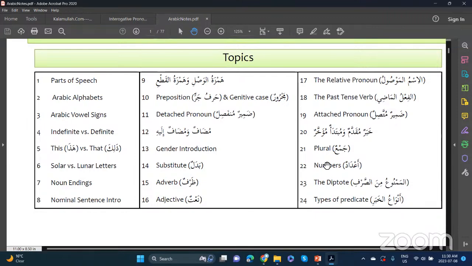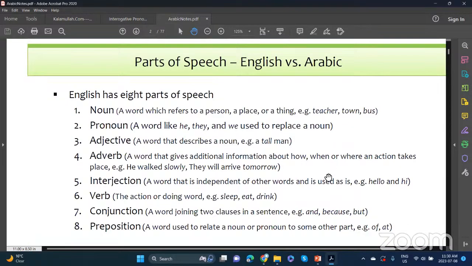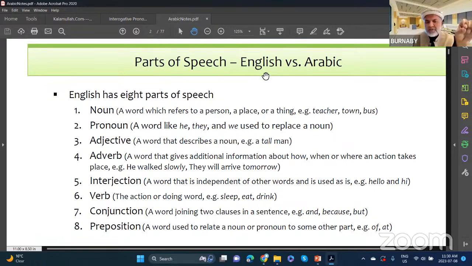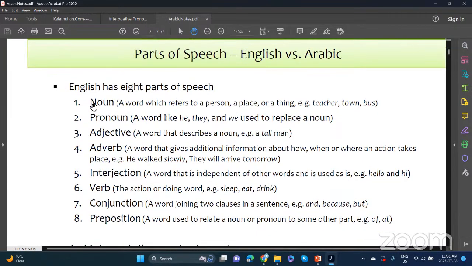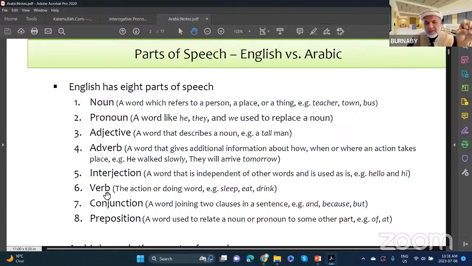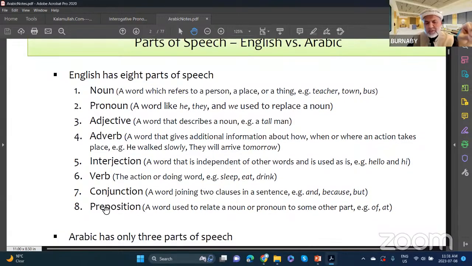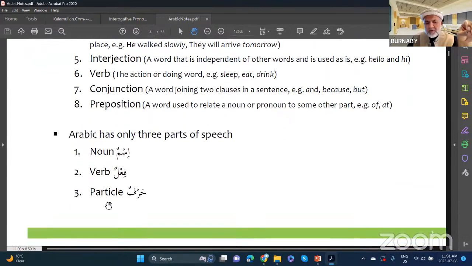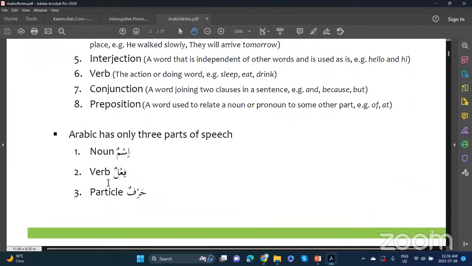So if you start to look at it, the parts of speech are English versus Arabic. English has 8 and Arabic has 3. In English, we have noun, pronoun, adjective, adverb, interjection, verb, conjunction, preposition. And the Arabic only has noun, fail, and particle.